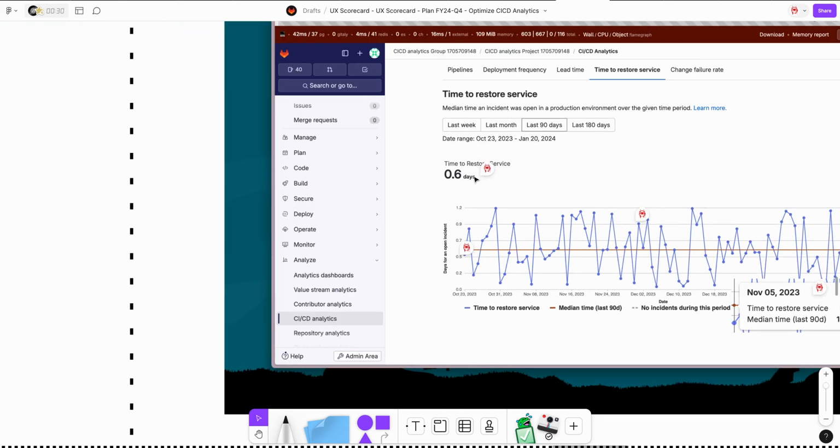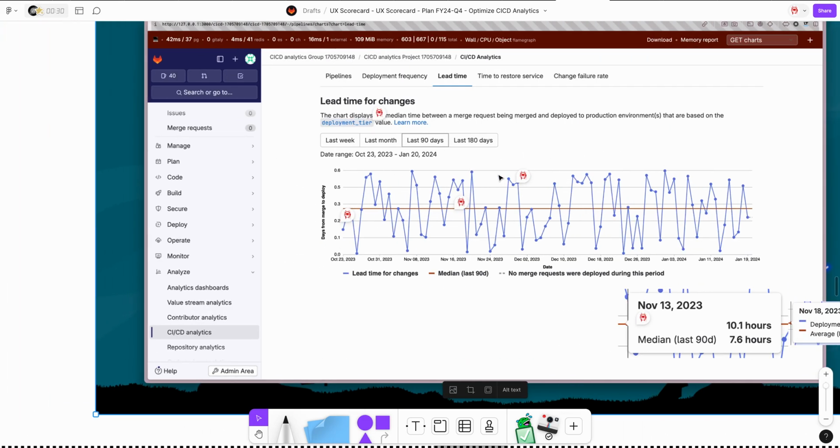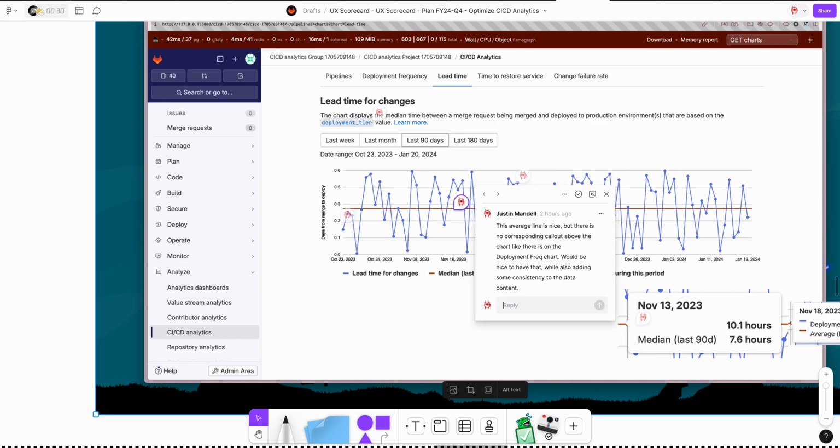And then we have it here, and here, but we're missing it here. So I thought that was strange. Let's get consistent. I think I also had a deployment figure chart. It would be nice to have that while also adding some consistency.